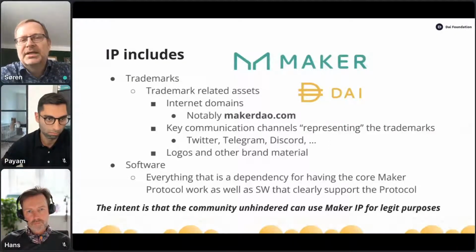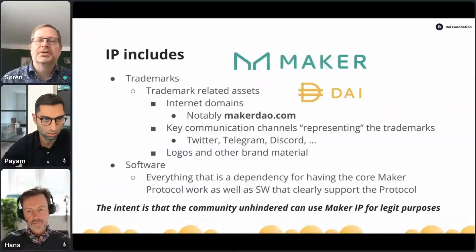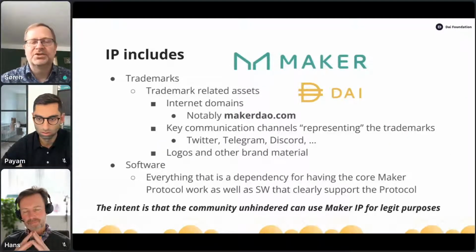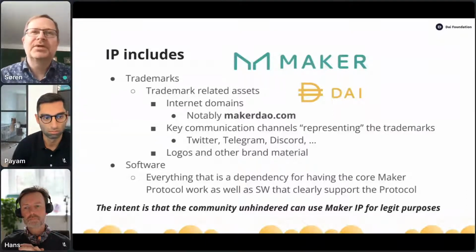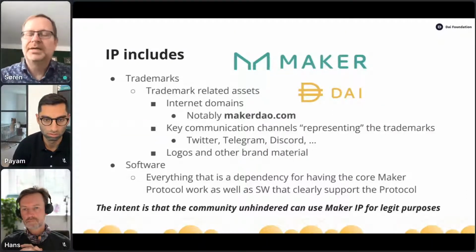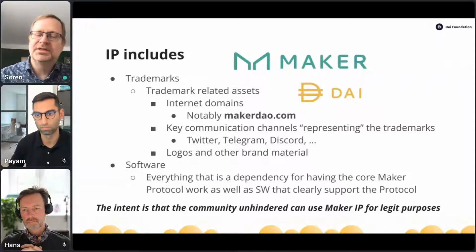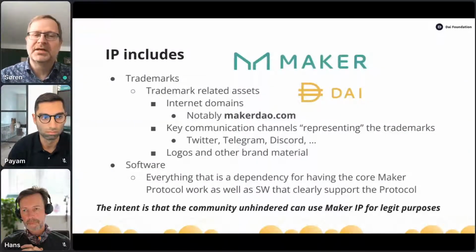So it's spelled out quite clearly how you can go about it and use it, and hopefully that makes it as frictionless as possible. So that was very, very fast. Just a recap of why we have Dai Foundation and what IP it safeguards.